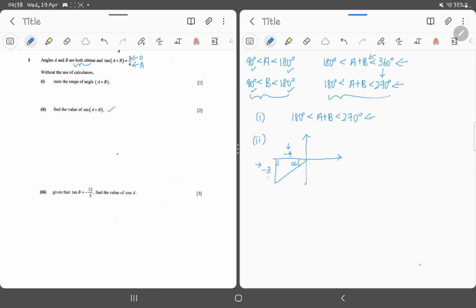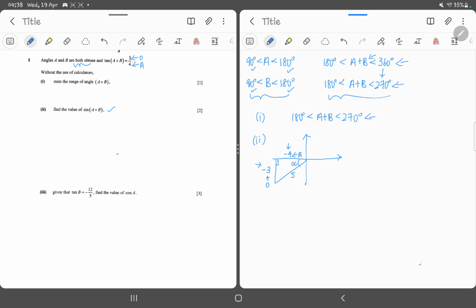So this -3 here is the opposite, and this -4 here is the adjacent. Since they are on the negative X and Y axes, we write them as negative. And finally, the hypotenuse will always be positive. In this case, using Pythagoras theorem, the hypotenuse is equal to 5.